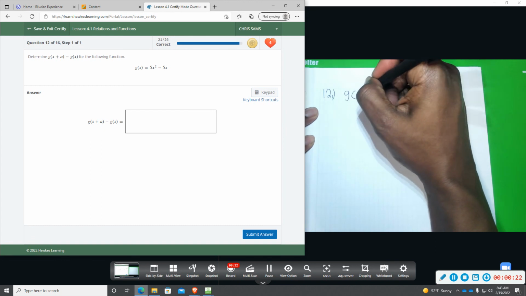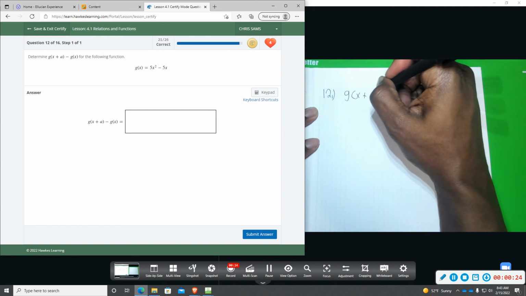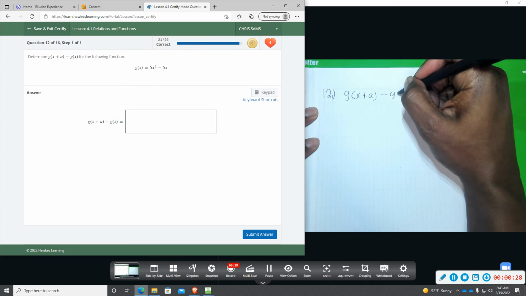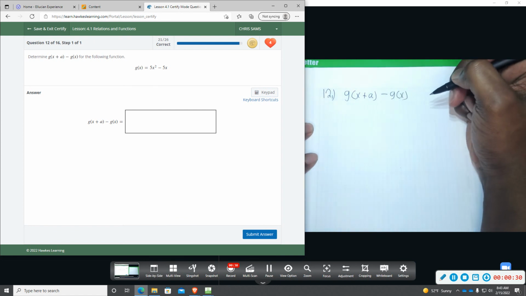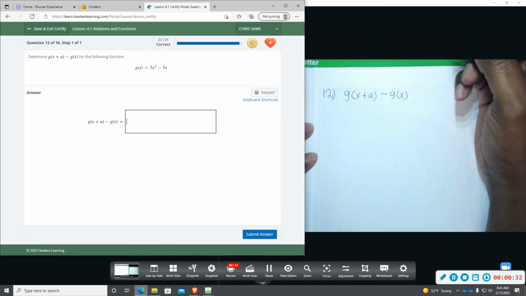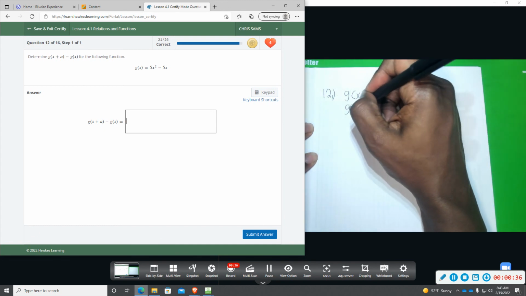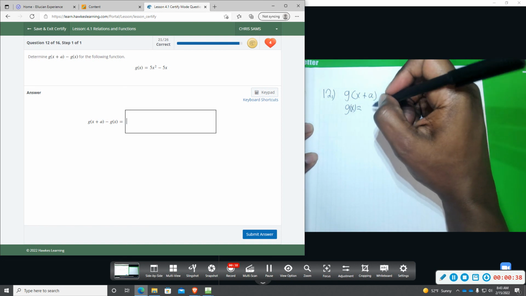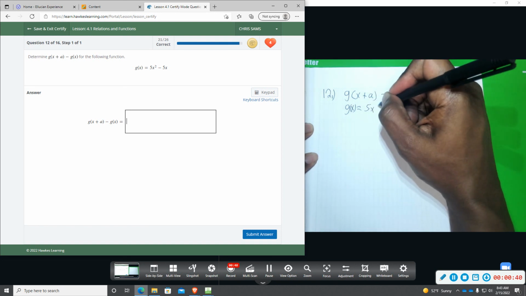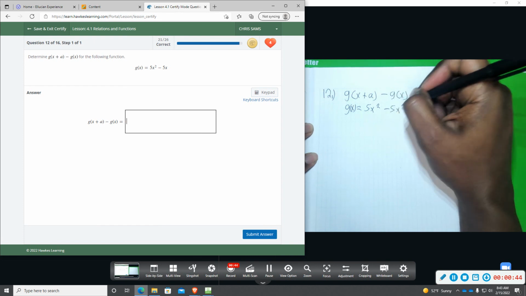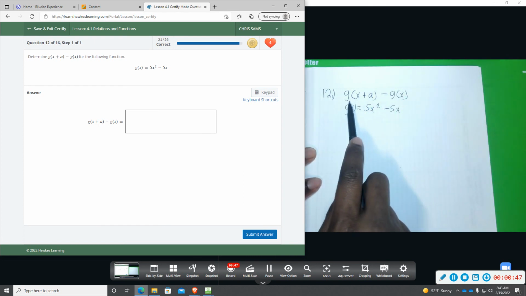So we have g of x plus a minus g of x. And then we're given that g of x is equal to 5x squared minus 5x. So what this means is you're going to take the g equation right here.